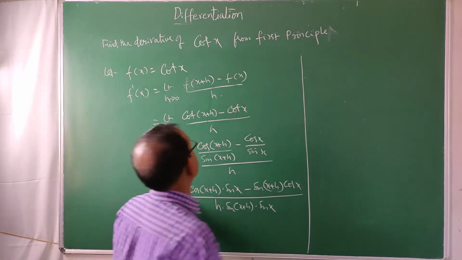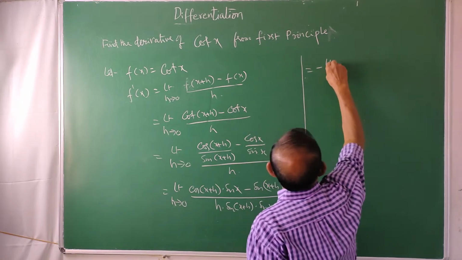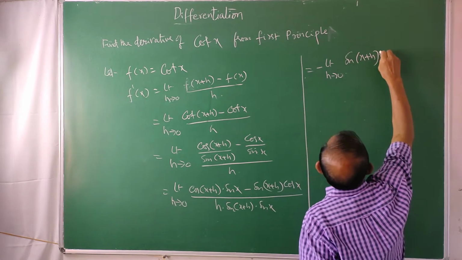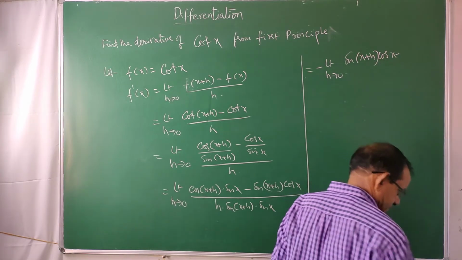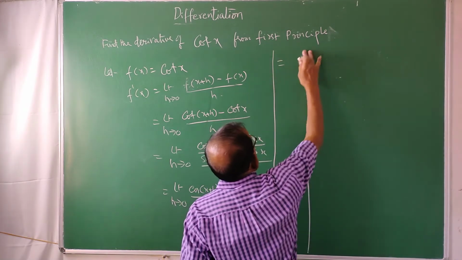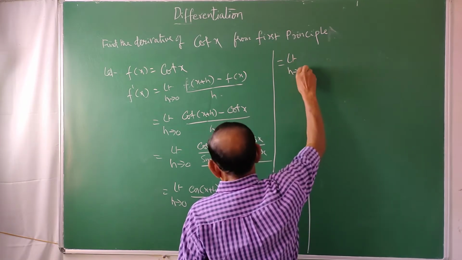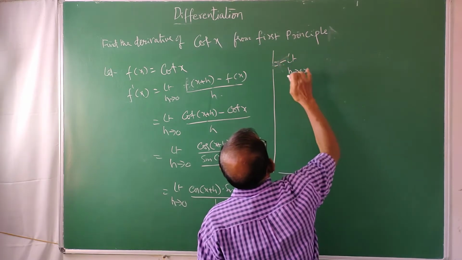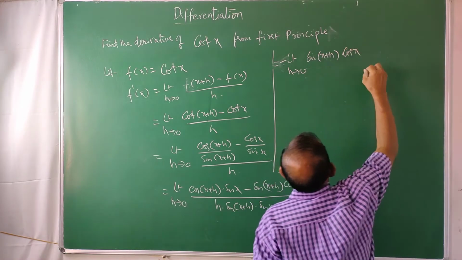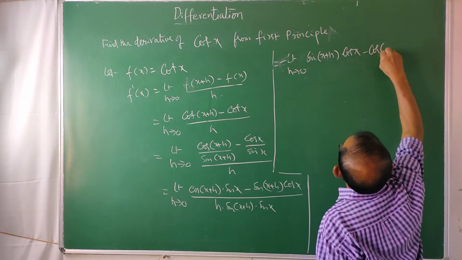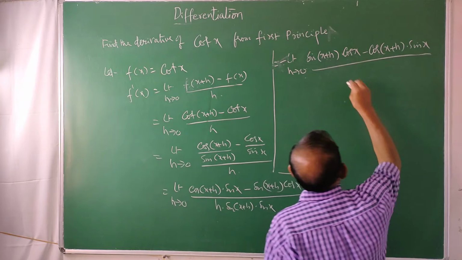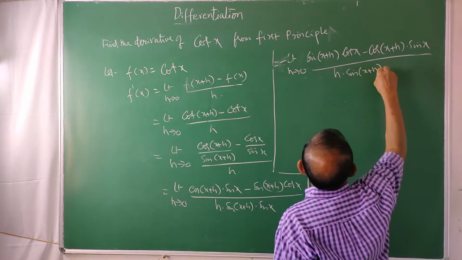So keep minus outside, equal to minus of limit h tends to 0, you have to write this first: sin(x plus h) into cos x minus cos(x plus h) into sin x, by h into sin(x plus h) into sin x.